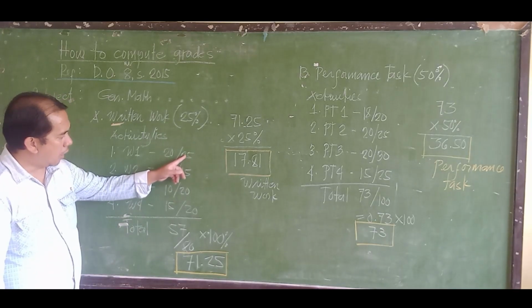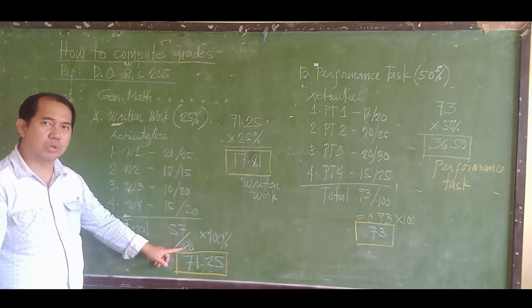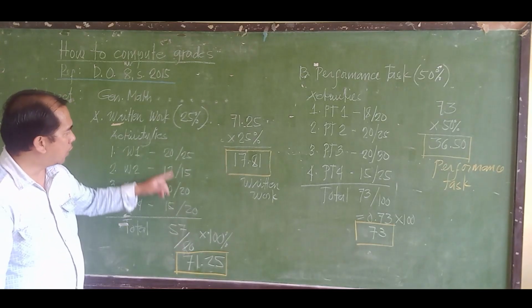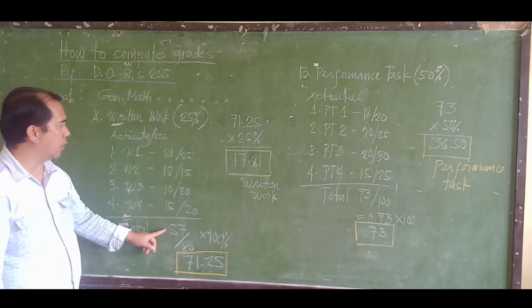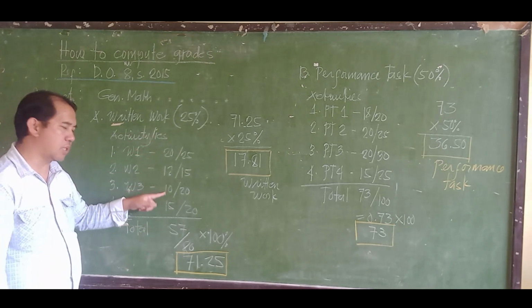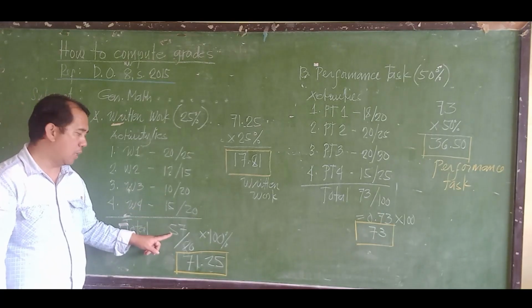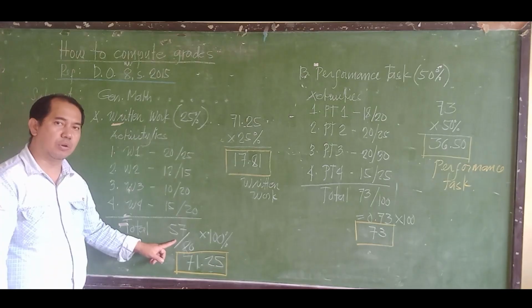The total of the highest possible score is 80 points. The actual score here is 57, that is 20 plus 12 is 32, plus 10 is 42, plus 15 is 57. So that is 57 over 80.